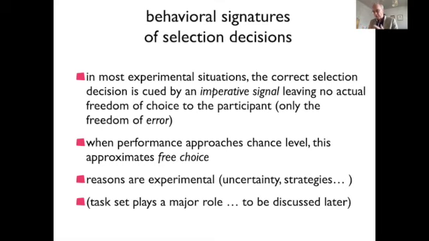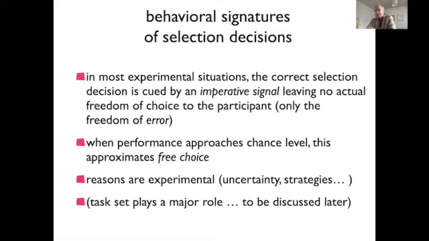So you could think of cognitive life as consisting of a sequence of selection decisions. So it's very, very fundamental. And how can we get some sense that this form of description makes sense?